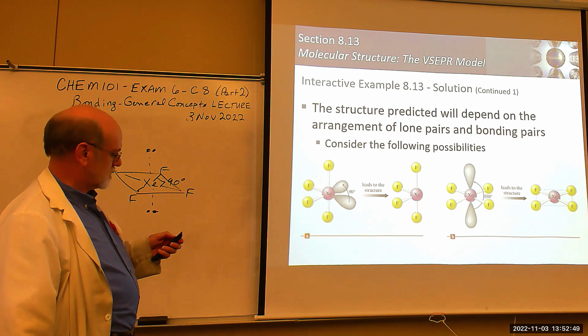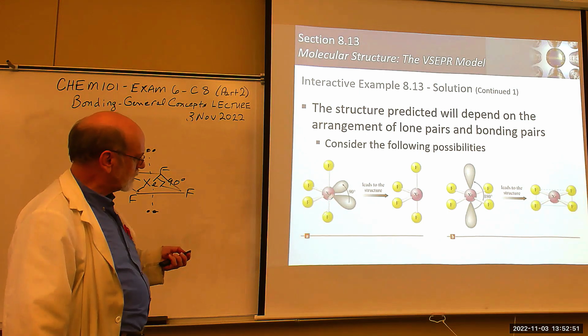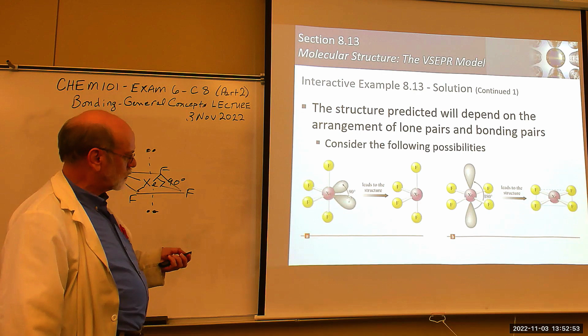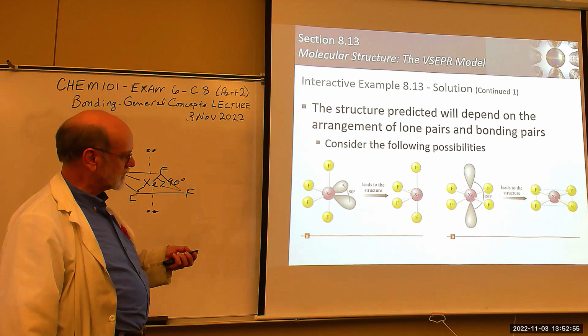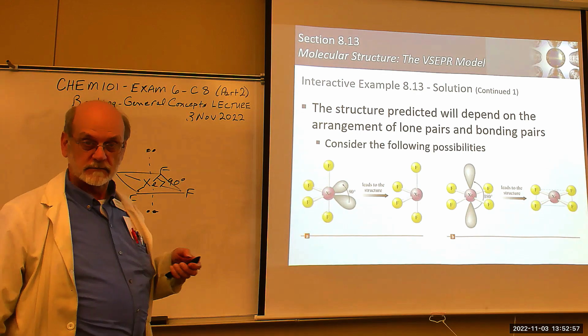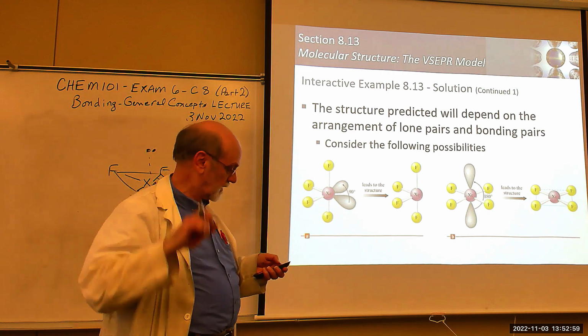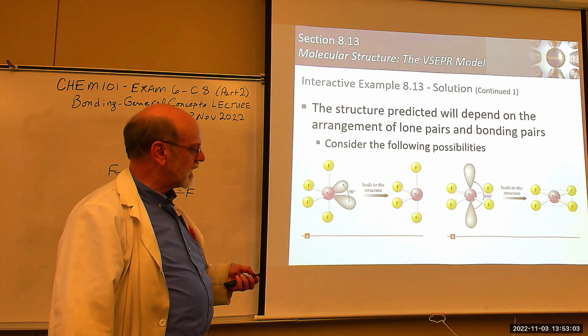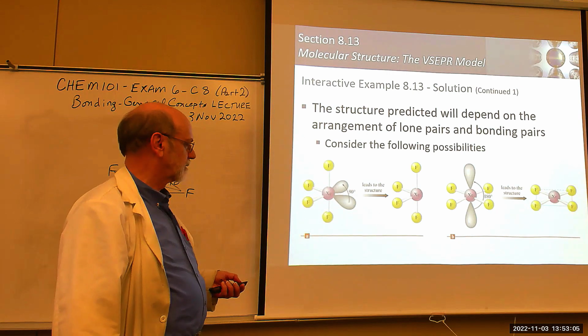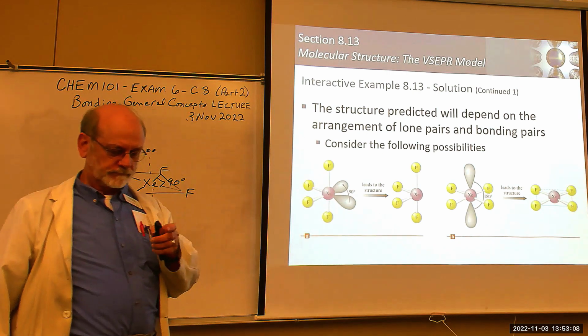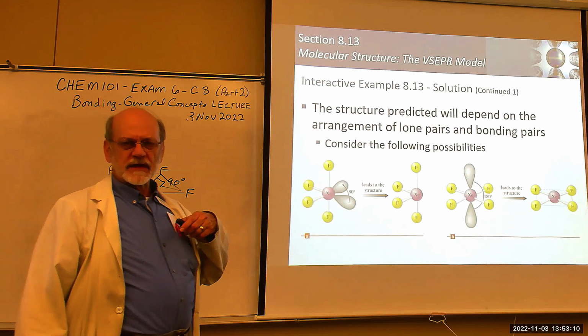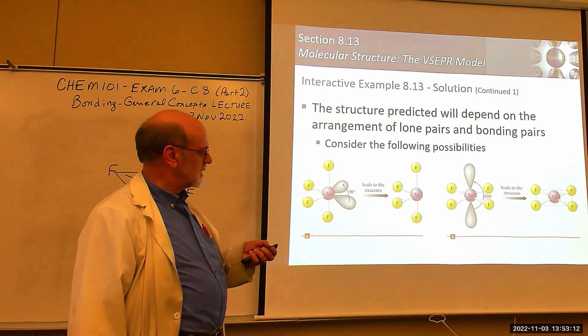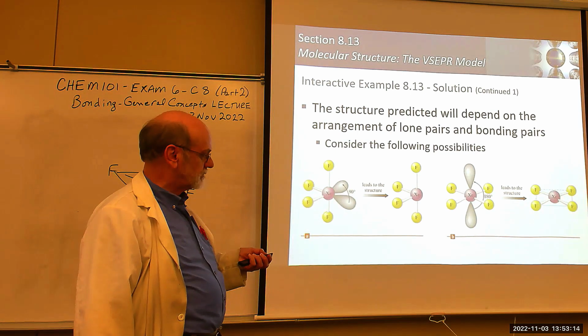If the lone pairs are located on the square, then when we cover those up, we have a seesaw molecular structure. But if the lone pairs are opposite one another, then we have a square planar. Now, the experimental evidence says this is the structure.